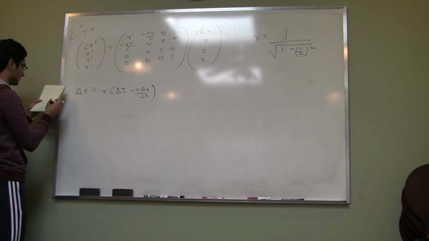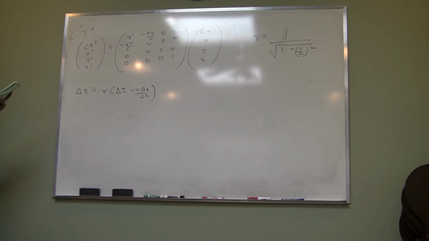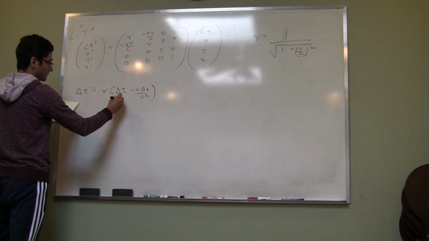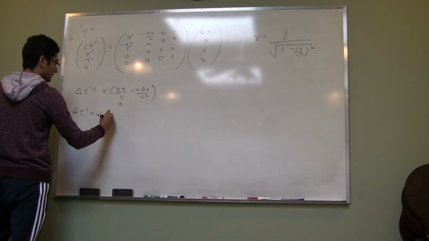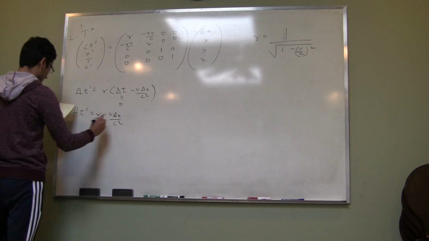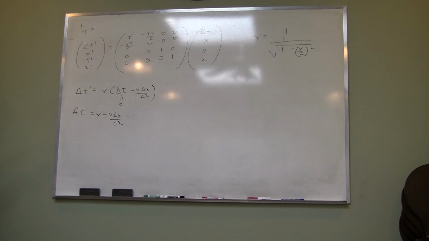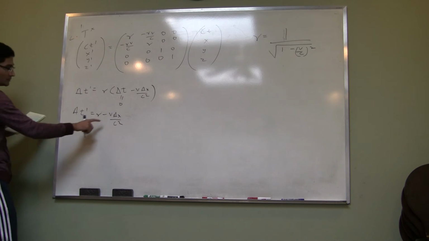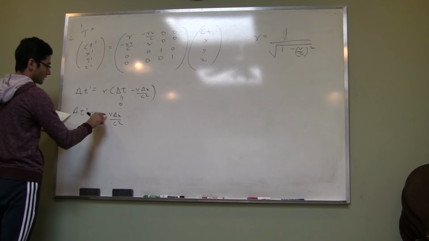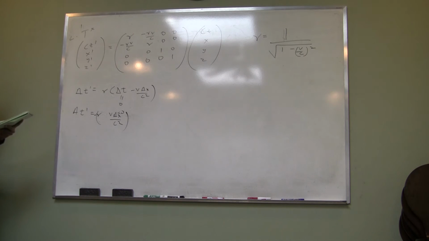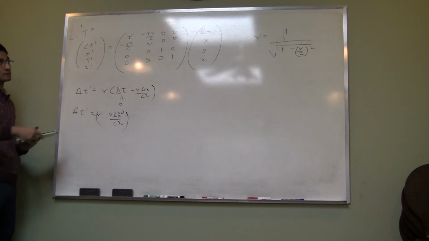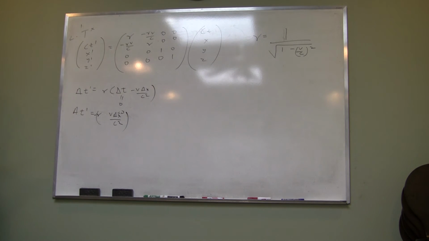If in frame S they occur at the same time but at different places, delta x is not 0, but delta t prime equals gamma times minus v delta x by c square. So they won't happen simultaneously. But if they occur at the same place, then this is equal to 0 and it's simultaneous. And if you consider v very much less than c, it comes down to the Galilean transformation.